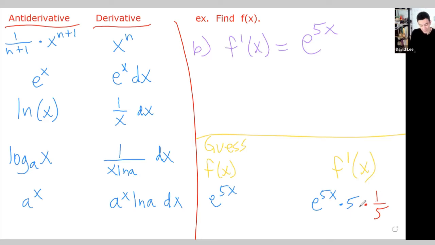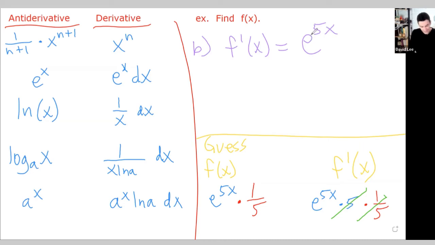So if I multiply this by 1/5, I multiply this by 1/5 as well. And what was the point of multiplying by 1/5? The point is that this 1/5 knocks out this 5. And I wanted this 5 to be gone so that it just says e to the 5x, because that's exactly what this says.